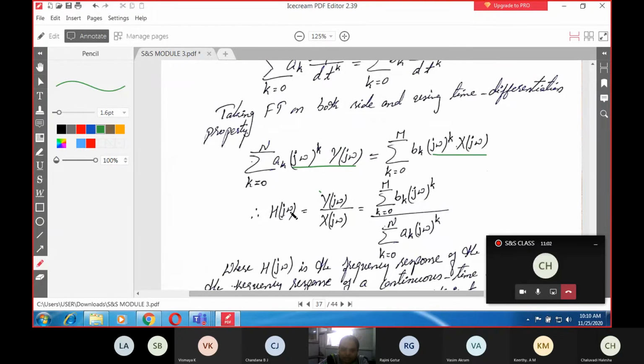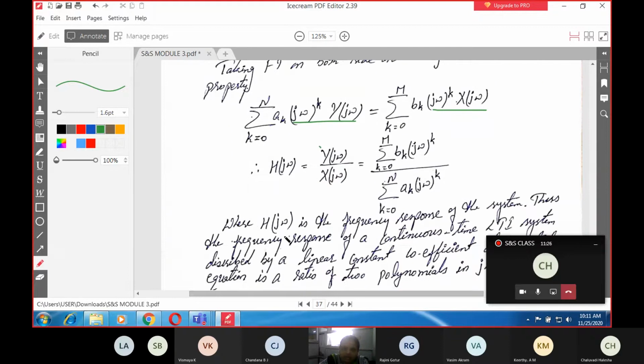Okay, then taking the frequency response H(j omega) equal to output over input, Y(j omega) divided by X(j omega), that equals summation k from 0 to M of b_k (j omega)^k divided by summation k equal to 0 to N of a_k (j omega)^k, where H(j omega) is called the frequency response of the system.